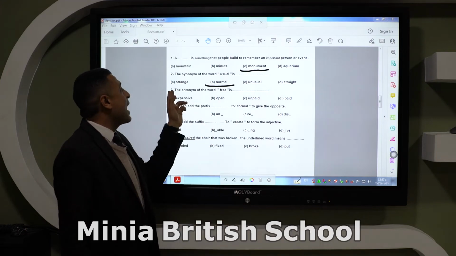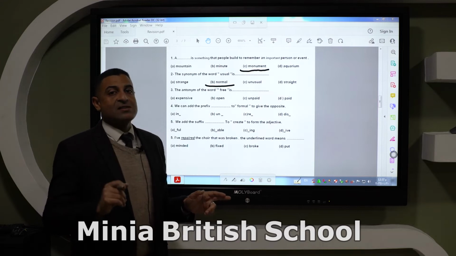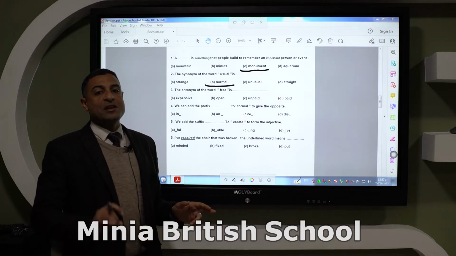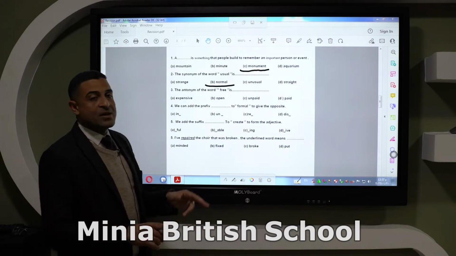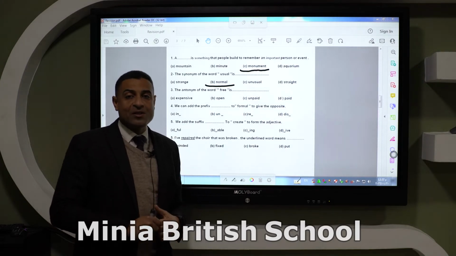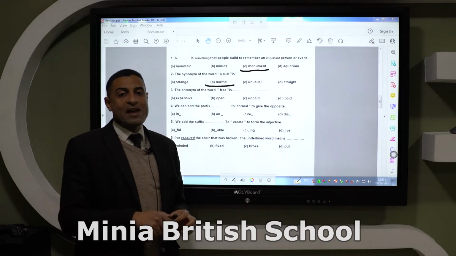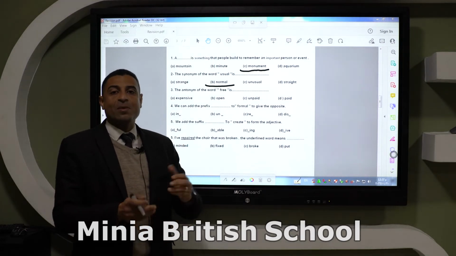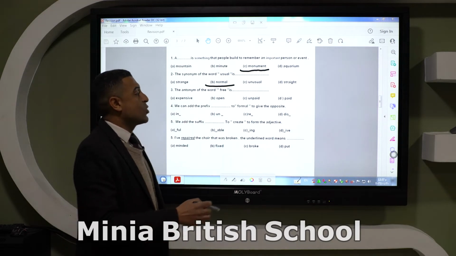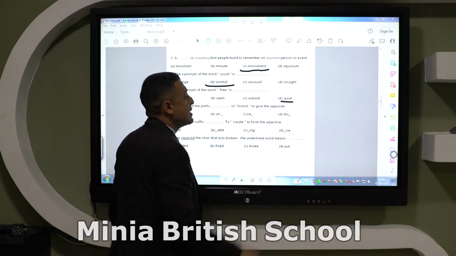Let's remember, antonym is the opposite meaning. If something is for free, it means that I don't pay. But if something is not free, I have to pay for it. So the antonym of the word free is paid.